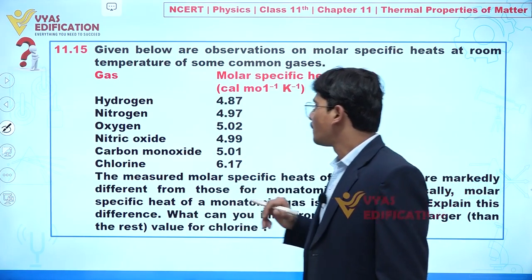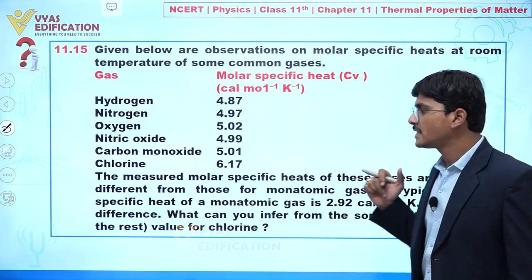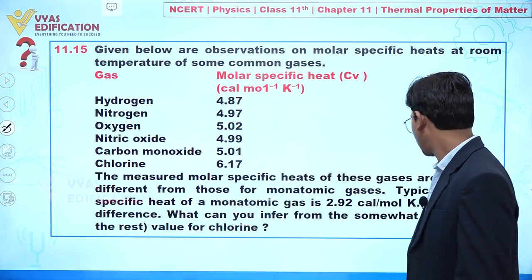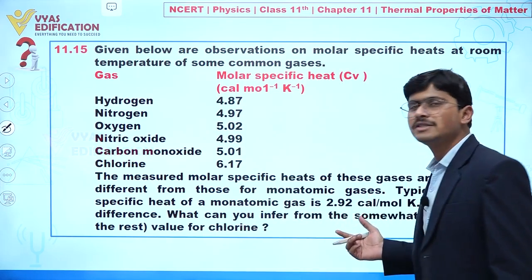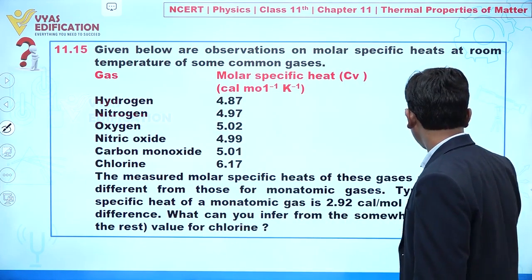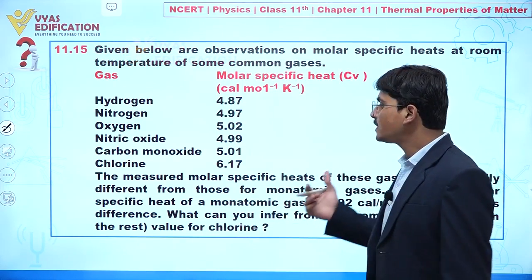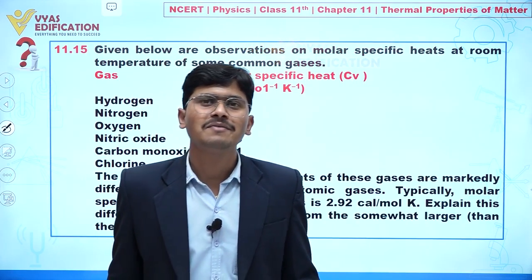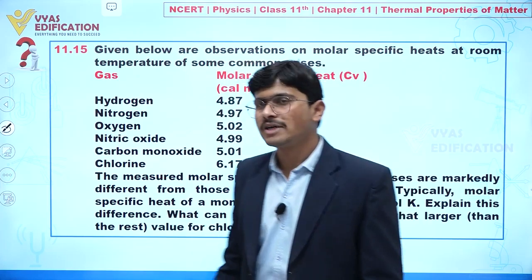The measured molar specific heat of these gases is markedly different from that for monoatomic gases. The molar specific heat of a monoatomic gas is near about 2.92 calorie per mole per Kelvin. We have to explain this difference. Clear? Let us try to understand.